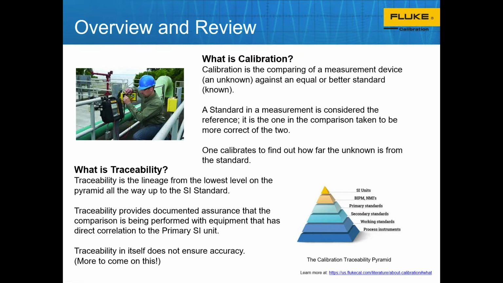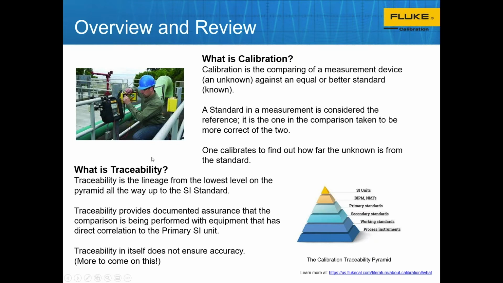You may hear the word traceability tossed around a little bit. I want to just give you an idea what that means from my perspective. Traceability is really not a whole lot more than the actual documented paper connection between the country standard or the SI unit standards, all the way down through the secondary standards that you might find at GTS's labs, into working standards that you take out in the field, like this 754, down to your process instruments.